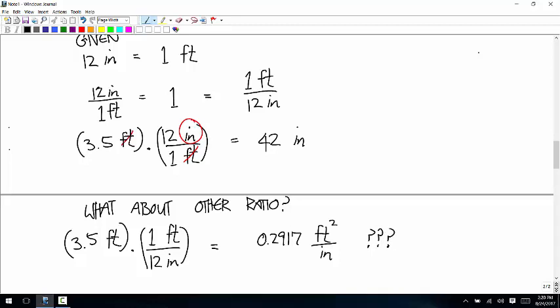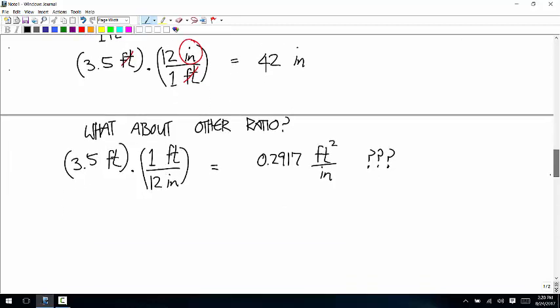Okay, so that is a valid quantity, and you could use those units as a measure of length. It's a real unit of length, feet squared per inches. And in feet squared per inches, this is equal to 3.5 feet. It's the same distance, but it's not what we wanted. It's not what we were asked for.